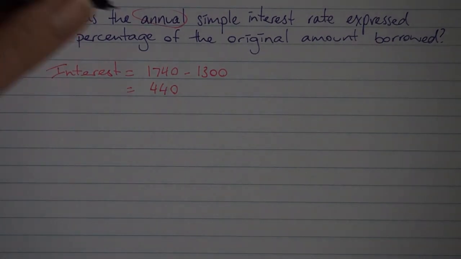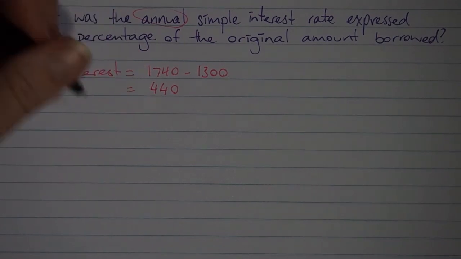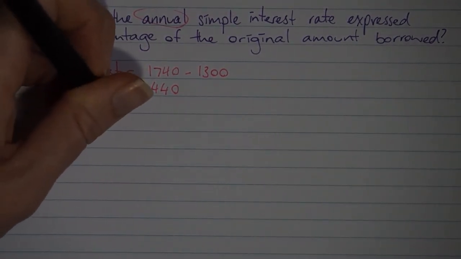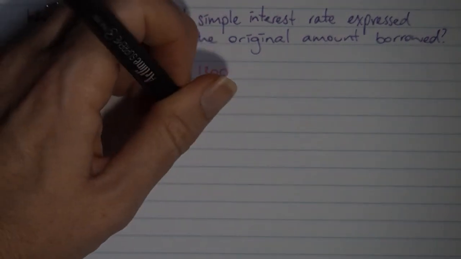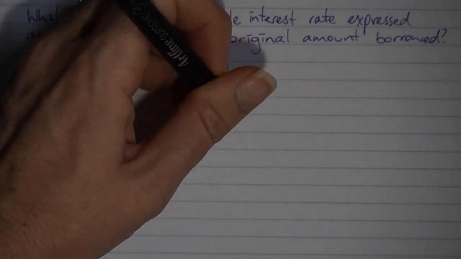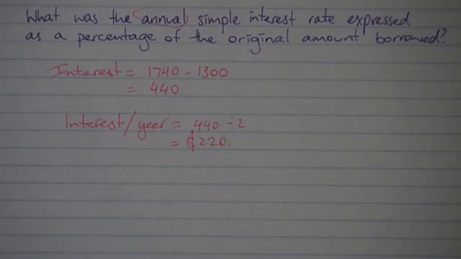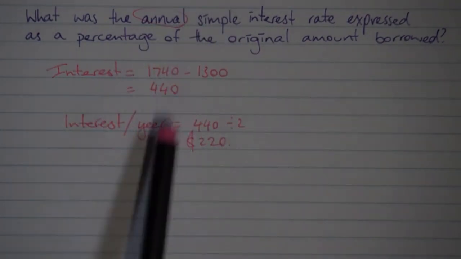Now, we want the annual simple interest rate. So it was $440 over 2 years. So the interest per year is $440 over 2, which is $220. Okay, so we want that now expressed as a percentage of the original amount borrowed.